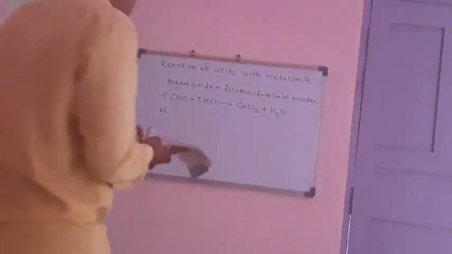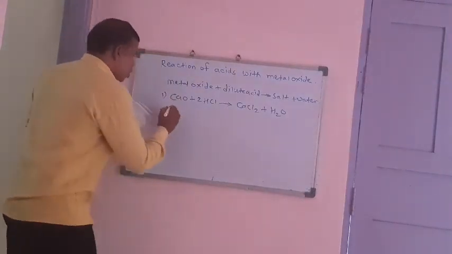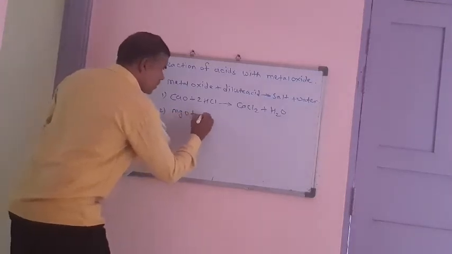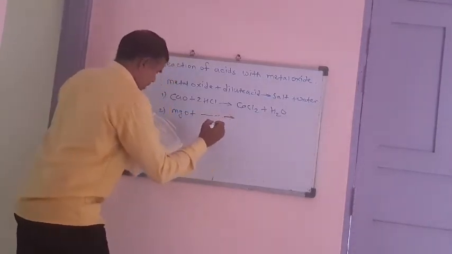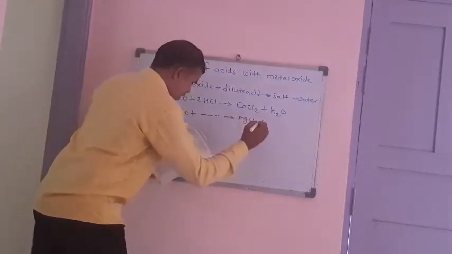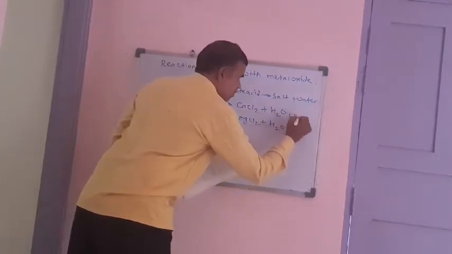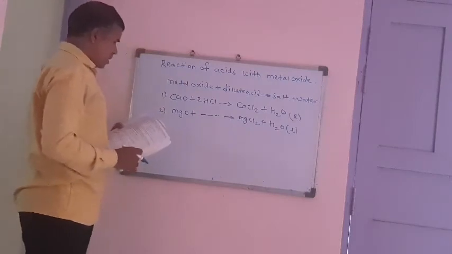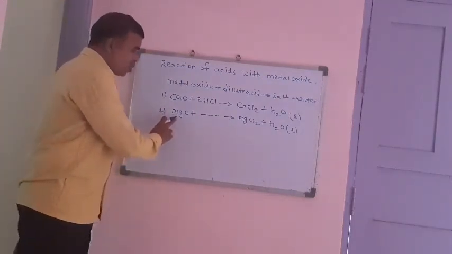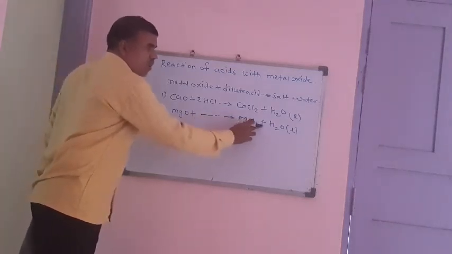Second example, magnesium oxide reacted with, a blank is given, and we get magnesium chloride plus H2O, which is in liquid state. Here we have to fill in this reaction. Magnesium oxide reacted with something to give the product MgCl2 plus H2O.